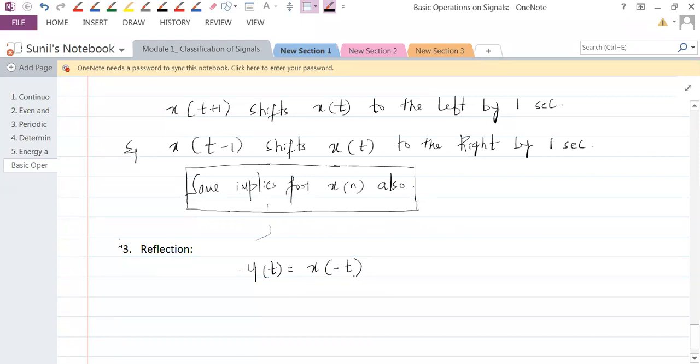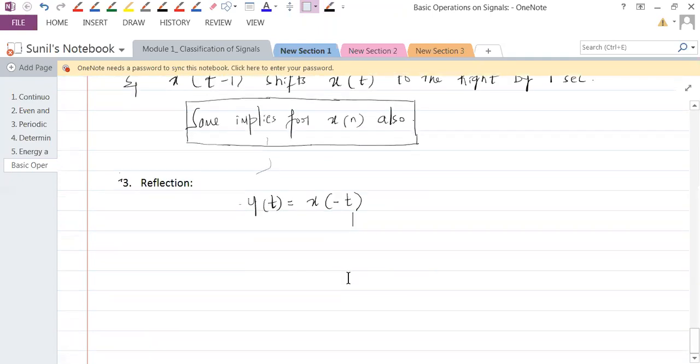So what is getting a reflection of a signal? It's multiplying t by minus 1. That's it. Multiplying t by minus 1 would give you the reflection of the signal. Now, let's again see this, taking an example.